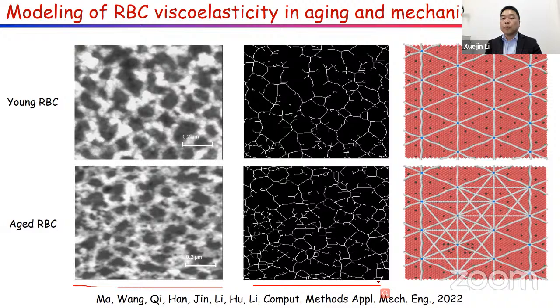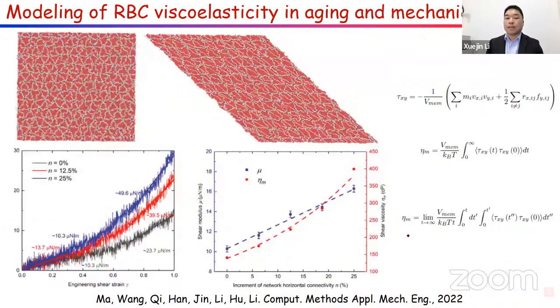Next, when we get the spectrin structure network, we can set up the consequent cell membrane model. Then we use this structure information to guide our simulation setup. We can build a consequent component cell membrane. And using this cell membrane model, we can compute the viscoelastic property of the cell membrane.